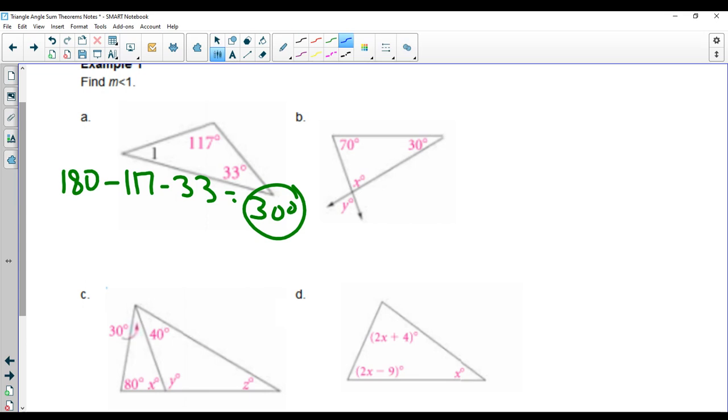All right, this next one. We got to find the measures of these variables. Sorry, I had a brain fart there for a second. We got to find out what these variables are. So we have an x and a y here. And if you'll notice, x and y are vertical angles.